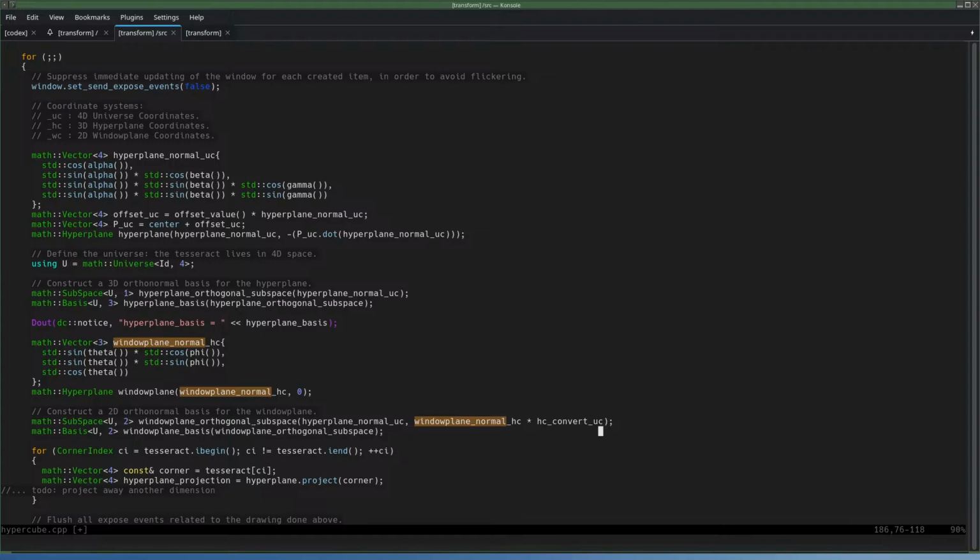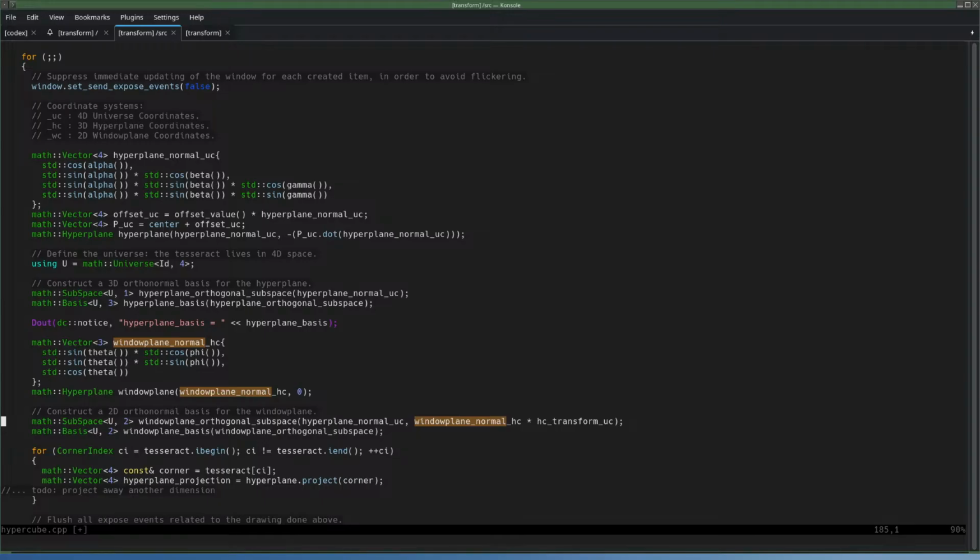So I just use transform here as well. Convert also, but it reads equally bad. But this reads, yeah, very good. As in, we have the window plane normal in HC coordinates, and we need UC coordinates.